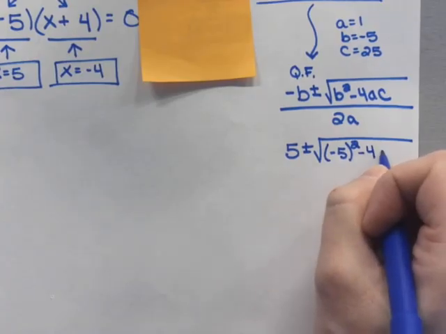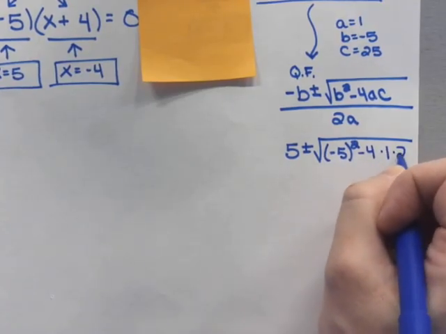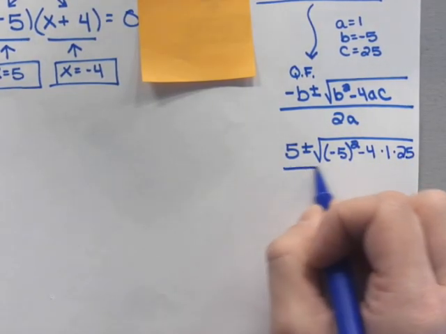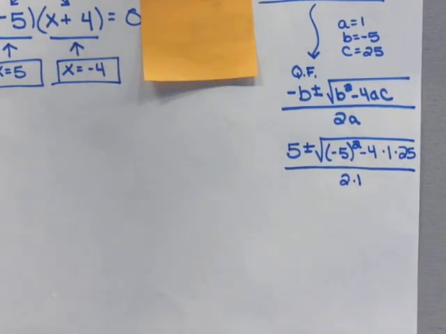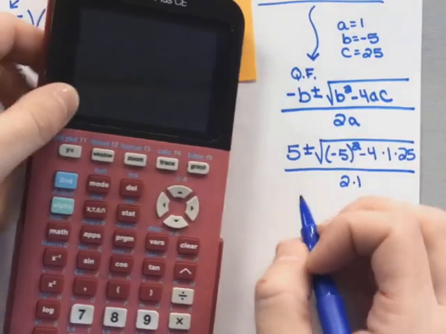Minus 4 times a times c all over 2 times a. So I just plugged everything in. So here is the opposite of b. Here's b squared minus 4 times a times c all over 2 times a. Good? Okay.